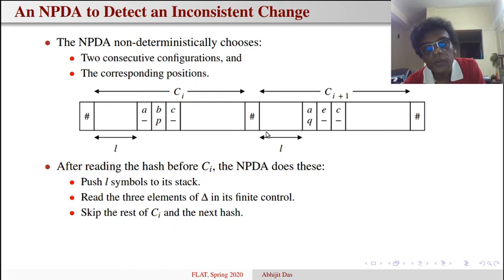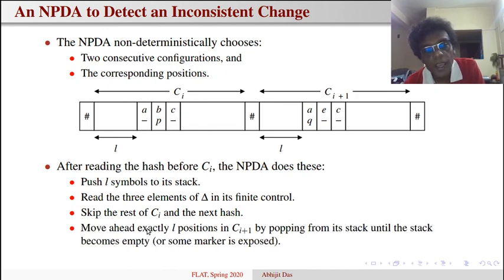Now you have to skip exactly L things. But you already have L symbols, so one by one pop symbols from the stack and move one step down. Keep doing this, moving ahead exactly L positions in Ci plus 1 by popping from the stack until the stack becomes empty, or more correctly until some marker is exposed. During skipping the last part of Ci and the hash, the stack is kept unchanged.